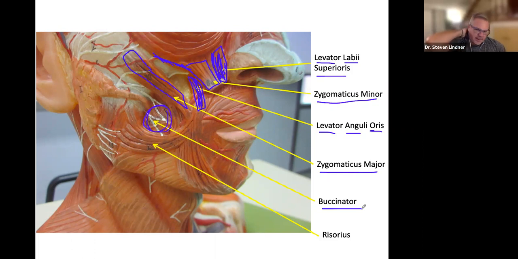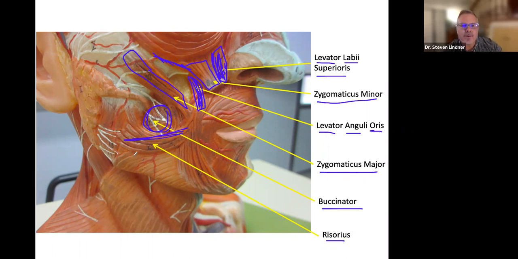Remember we did terminology on the first day of class. Buccinator means cheek, so puffing out the cheek. And then the risorius is right from the edge of the lip, going back this way. That's not really a smile, that's just pulling the corners laterally straight back, like that.